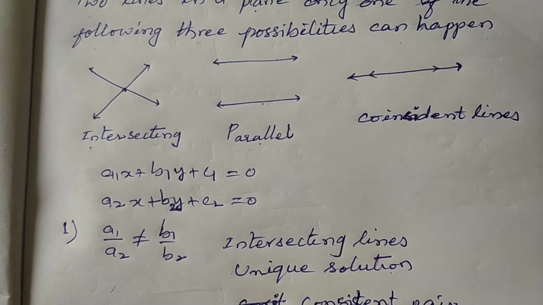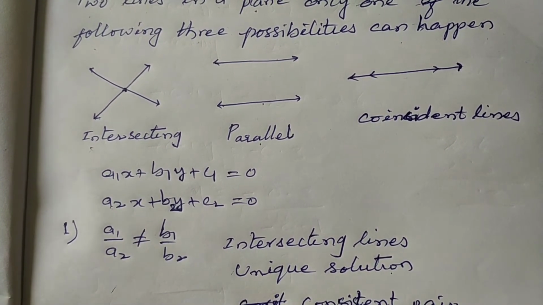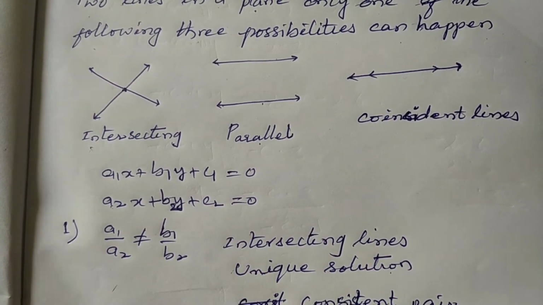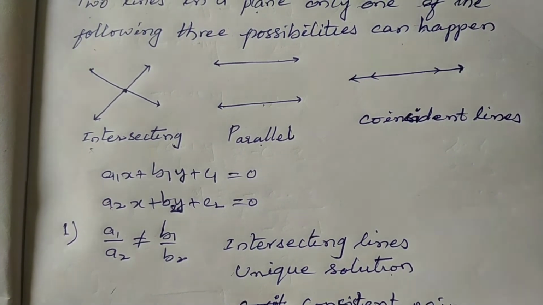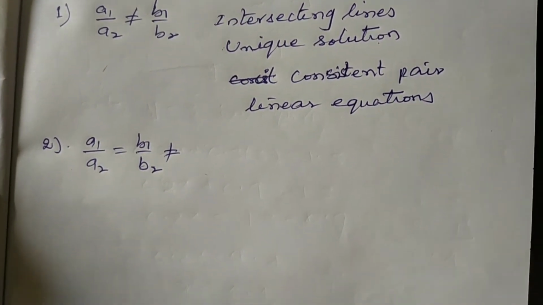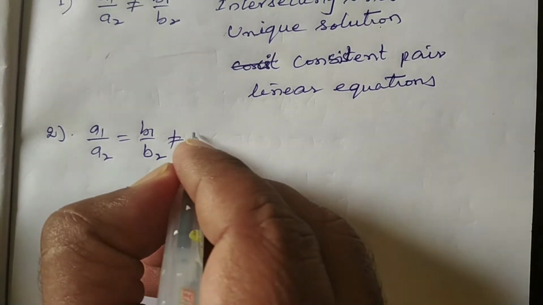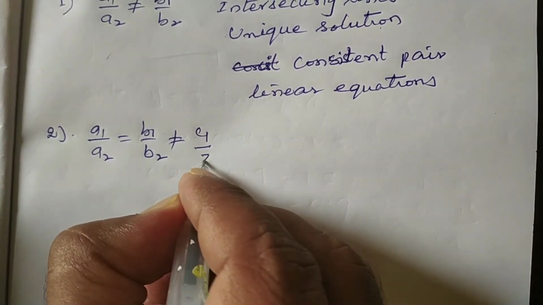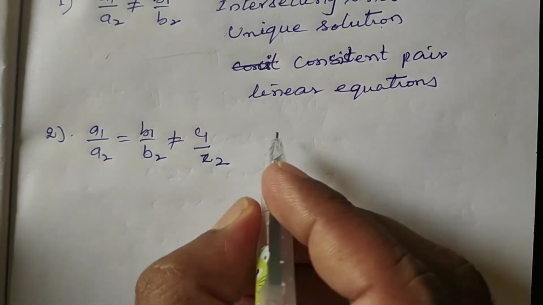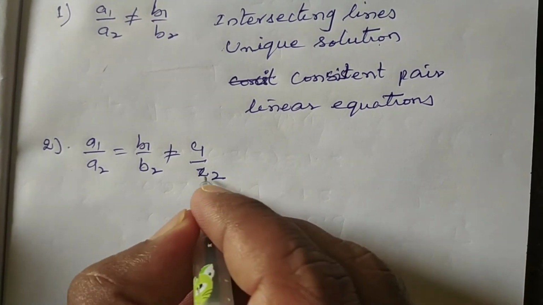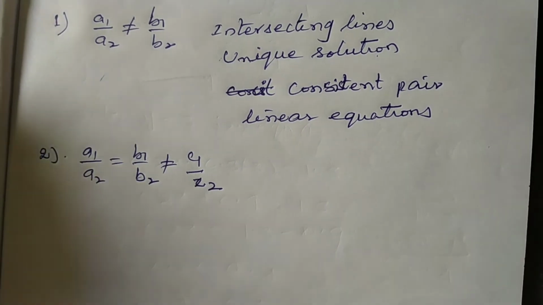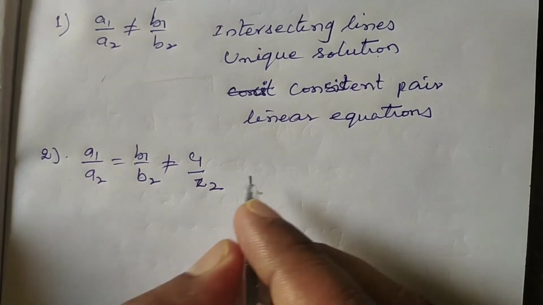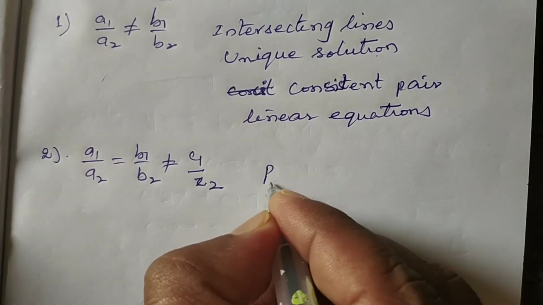And the next, second condition is a1 by a2 is equal to b1 by b2 not equal to c1 by c2. Then here the lines are inconsistent lines, right? Here, parallel lines.